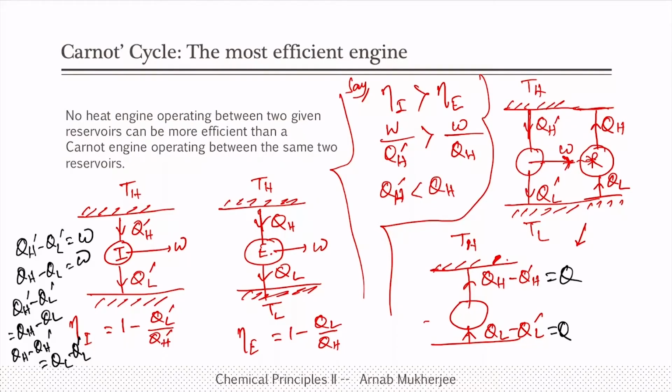Which means that the heat is taken in from the low temperature reservoir and thrown into the high temperature. See, sign is very important, because if heat were flowing from high temperature to low temperature reservoir, then there is no violation of the second law of thermodynamics. So, it is important that this is a positive quantity taken in from the low temperature, and this is a negative quantity thrown into the high temperature.